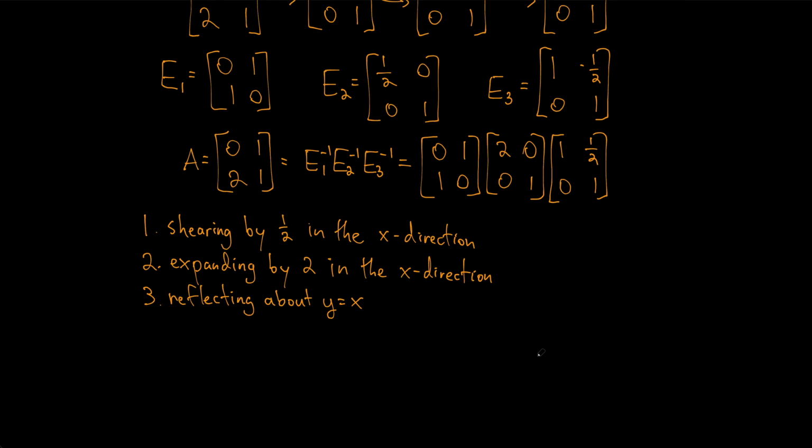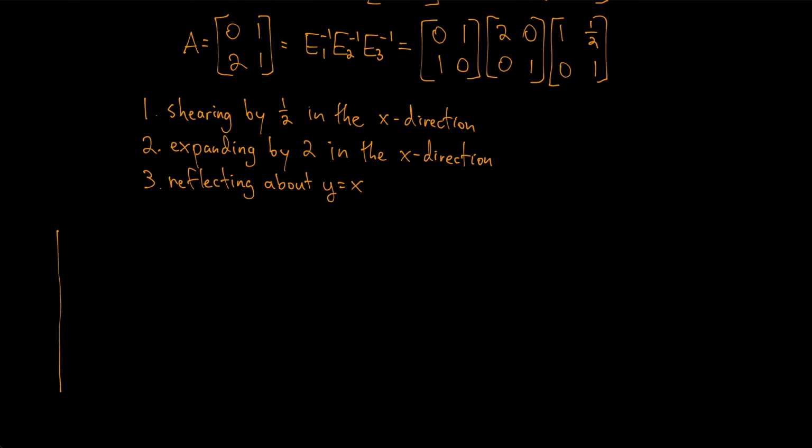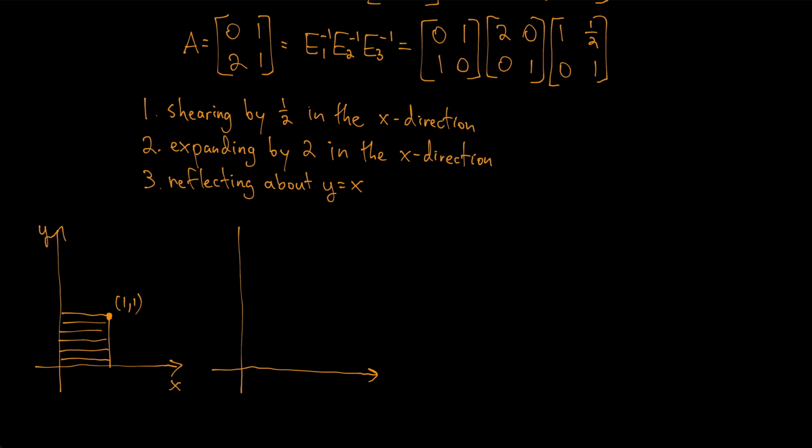So let's see if we can draw these. Okay, let's start with the unit square. So it's 1, 1. And here's a little shading. And then that gets sheared in the x direction. So it becomes something like this.